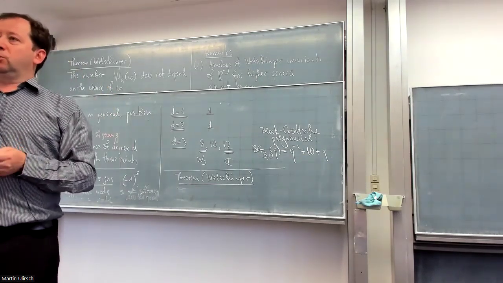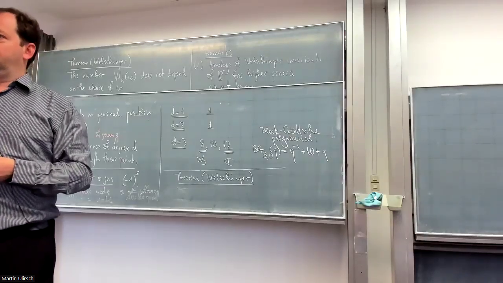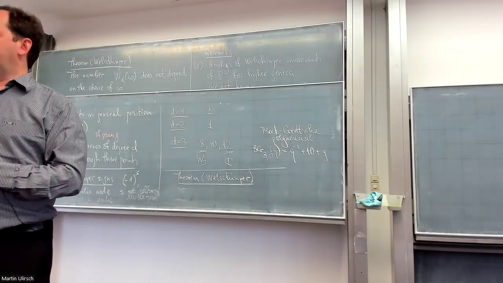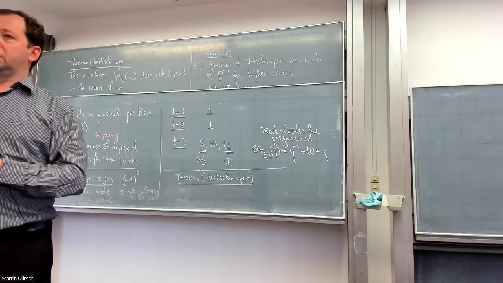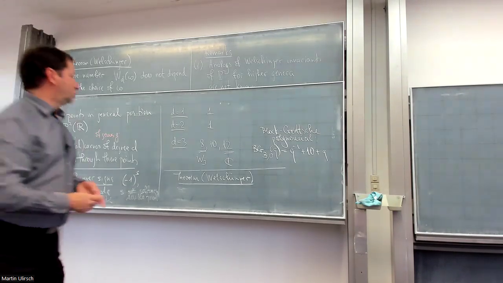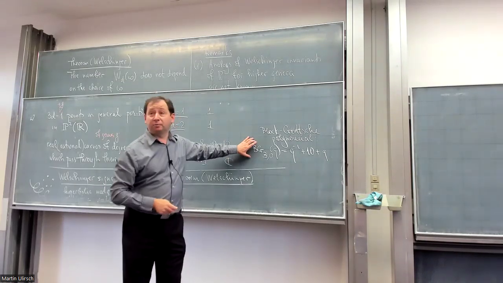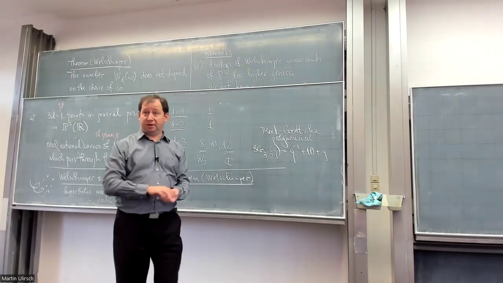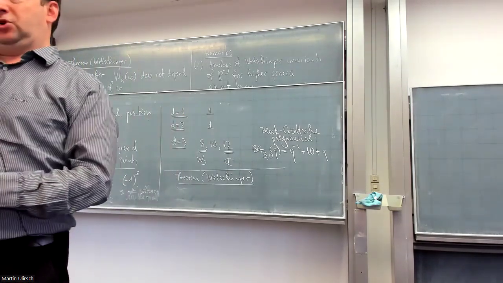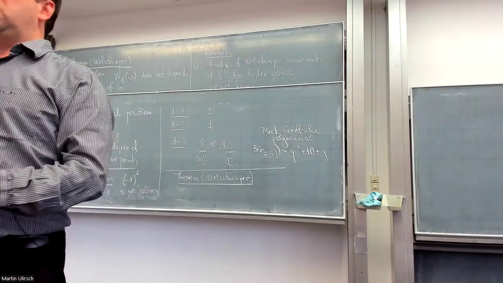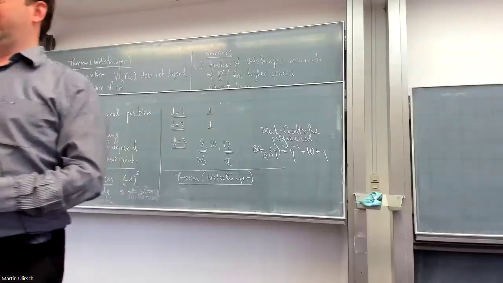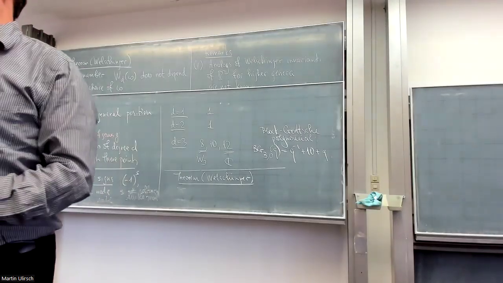You take a product over trivalent vertices of your tropical curve of some multiplicities of vertices, and each multiplicity of a trivalent vertex is a positive integer. To obtain the Block-Göttsche multiplicity of your curve, you take the same product over trivalent vertices, but you replace the multiplicity of each trivalent vertex by the Q analog of this multiplicity. And thus, by definition, when Q is equal to 1, you get back the multiplicity of your vertex.